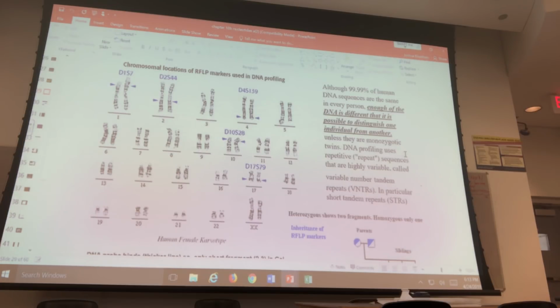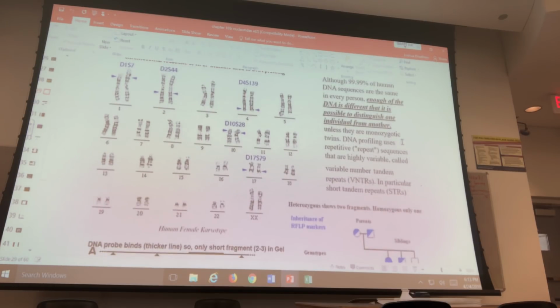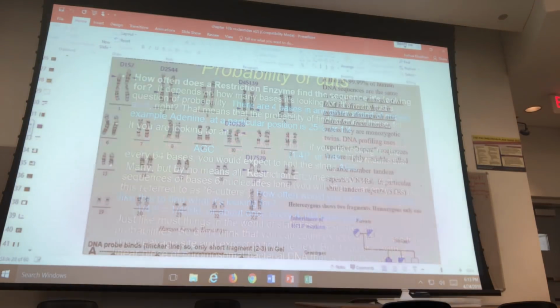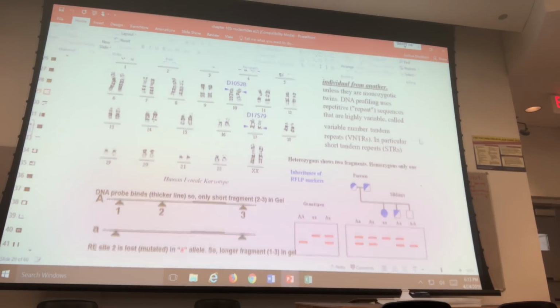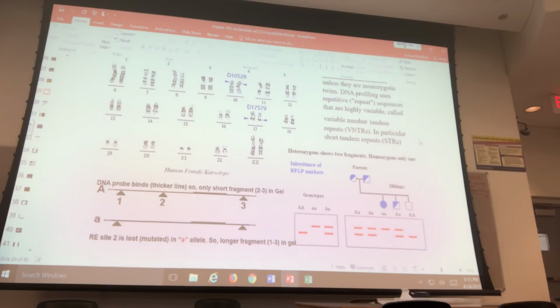You know, those types of forensics things that you see on those detective shows. Biologically in the lab, what we do with that, and there isn't a nice example illustrating this, but we take two people's DNA, we throw a restriction enzyme on them, it chops it up into little fragments, and you can run gels on both of their samples of DNA.